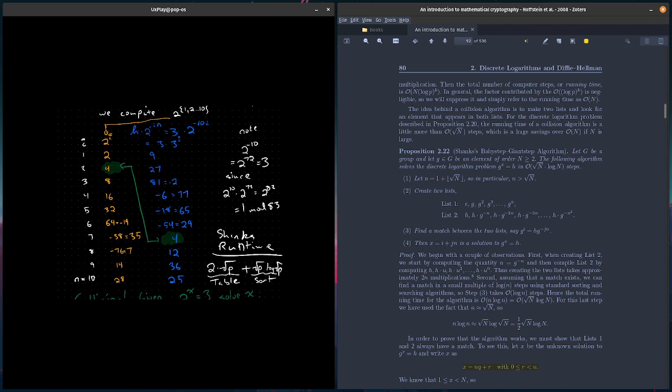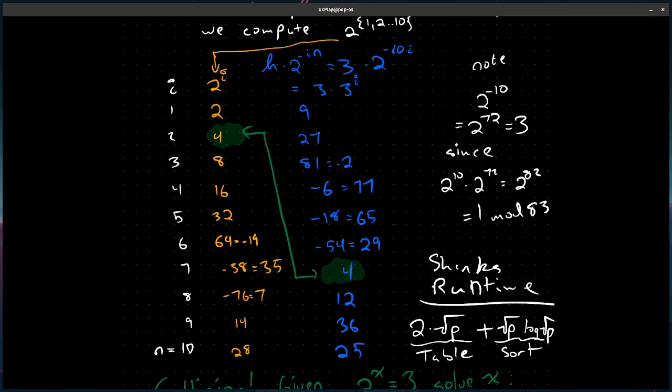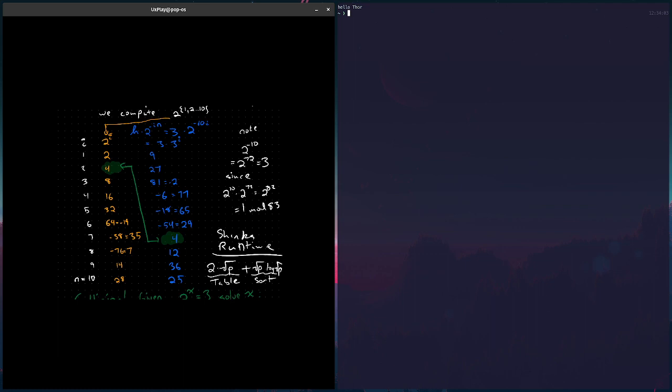So back to the example. It's relatively trivial to, let's grab a terminal here and do a demonstration. This is a really quite simple problem to solve. So let's grab Python. What do we want? We want to compute all of the powers of 2 to the exponent.